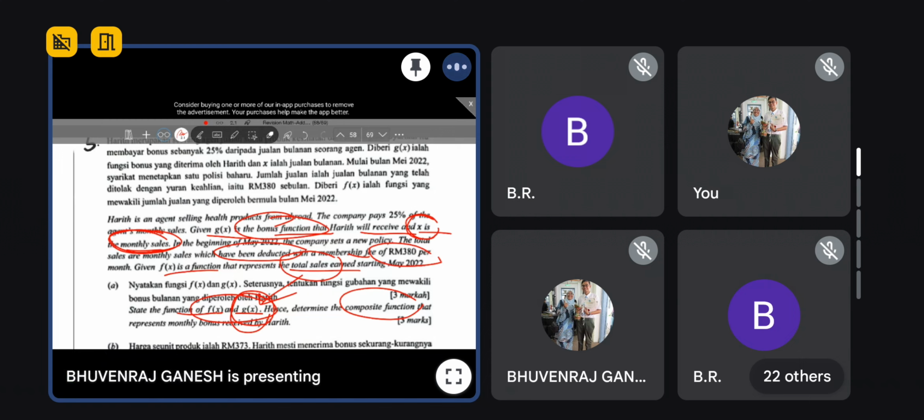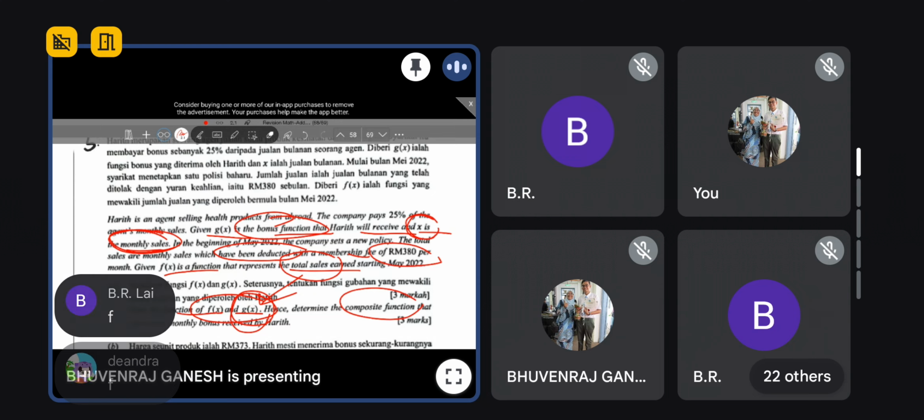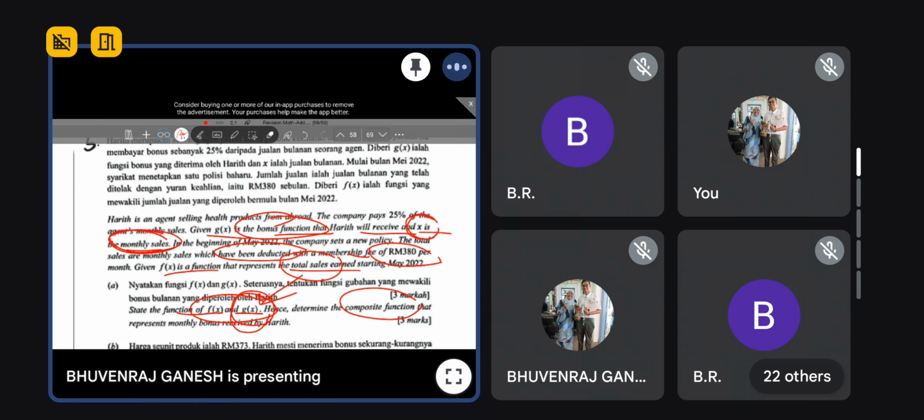What do you all think? G is the bonus. F is the total sale. You think logic lah, guys? Yes, correct. F should come first. So that means the composite function, how will you write it if F comes first? Macam mana kamu akan tulis fungsi gubahan kalau F dulu?